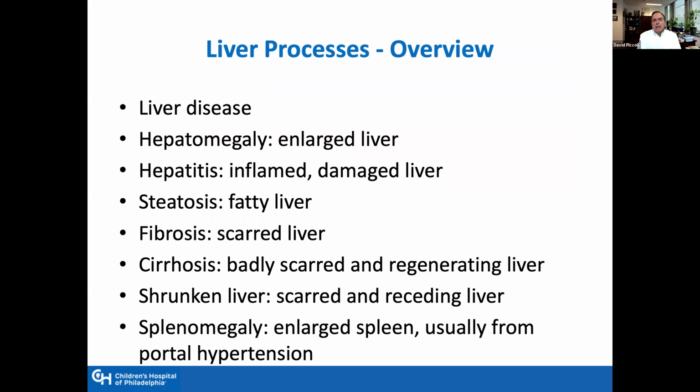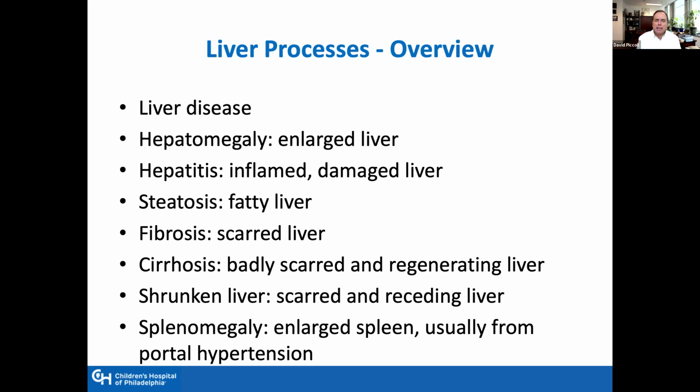So the liver has a number of processes and it has definitions. For liver disease, or abnormality with the liver, hepatomegaly means enlarged liver. Hepatitis usually means inflamed or damaged liver. Steatosis is a fatty liver. Fibrosis is a scarred liver.